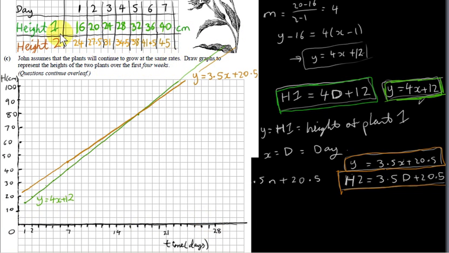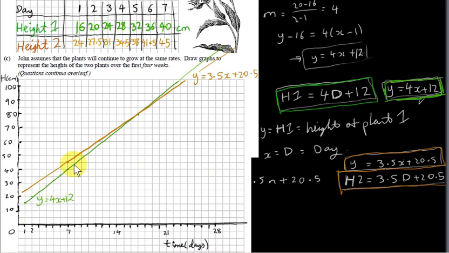So it's assumed here that the plants will continue to grow at the same rate. So that means for the first plant, it will continue to grow at a rate of 4 centimeters per day. And for the second plant, it's assumed that it will continue to grow at a rate of 3.5 centimeters per day for 4 weeks. If that is the case, the graphs will be straight lines over 28 days.